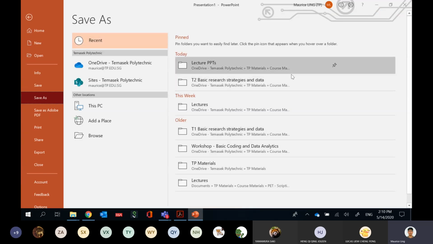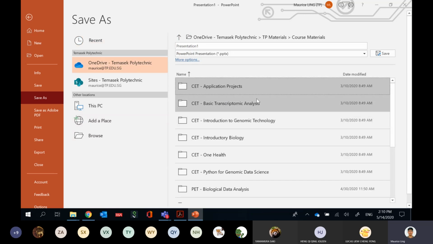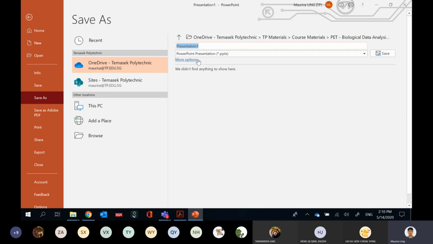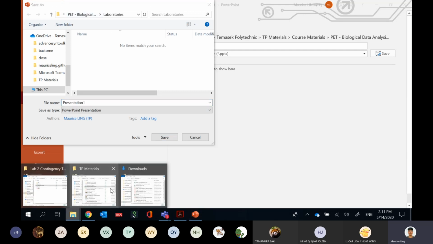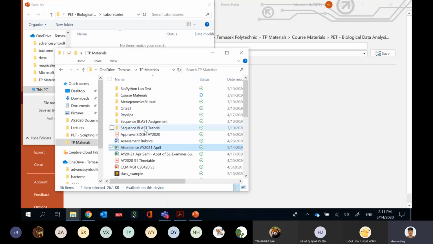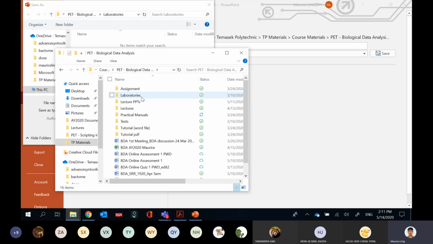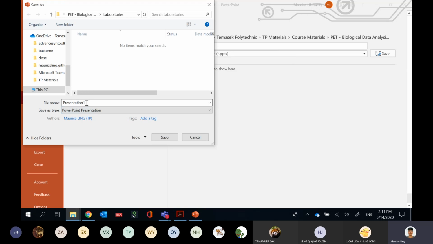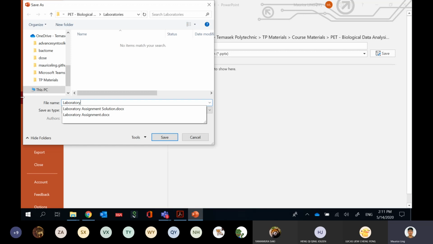This is lab, in course materials, Biological Data Analysis, Laboratory, Laboratory 2.